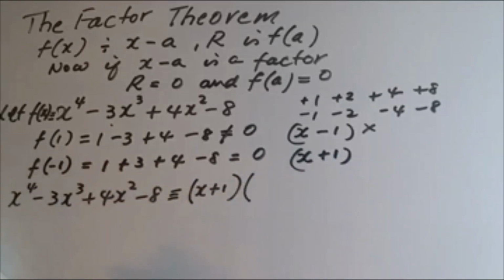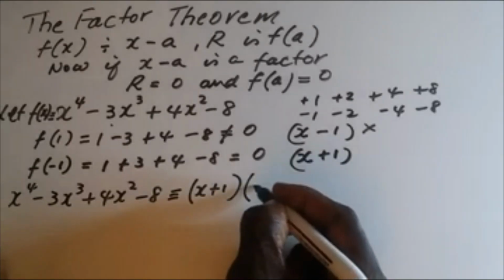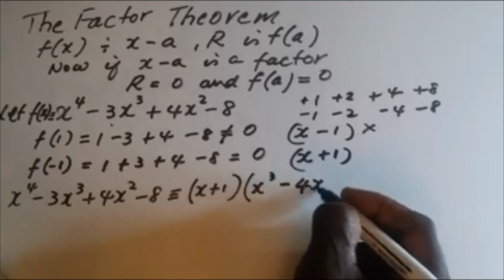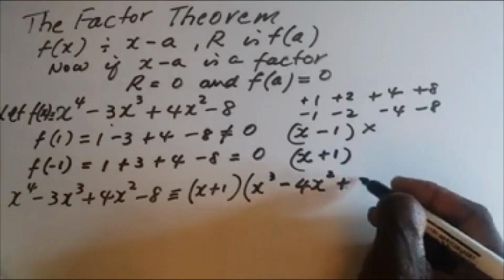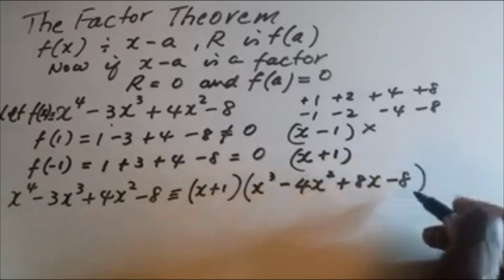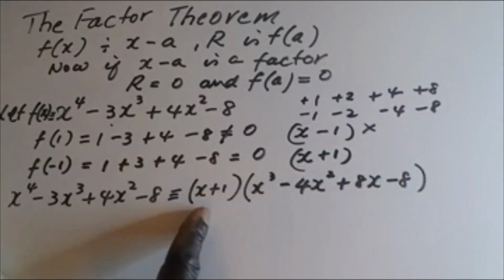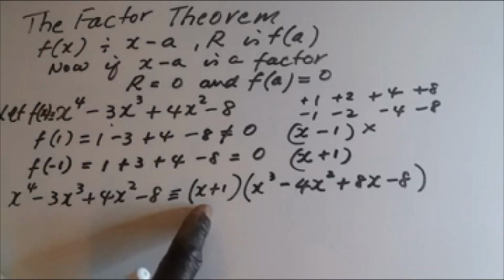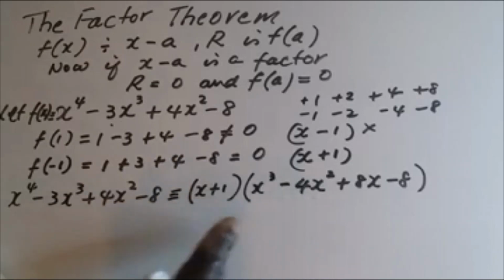And you can do this by inspection to find what we should put in these brackets, or you could do a long division dividing by x add 1. But you should get this result: x cubed minus 4x squared add 8x minus 8. You could check this by clearing the brackets, multiplying everything here by x, then everything here by 1, and adding them all together and simplifying.